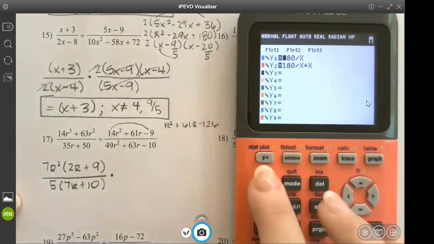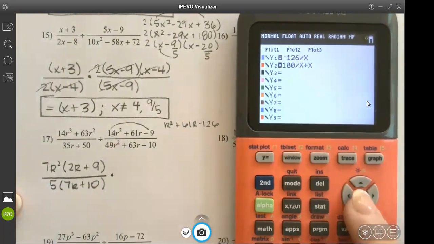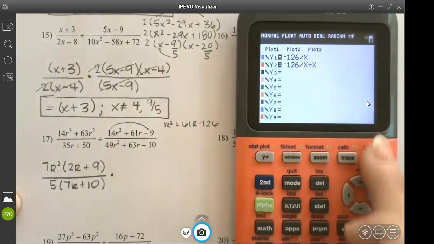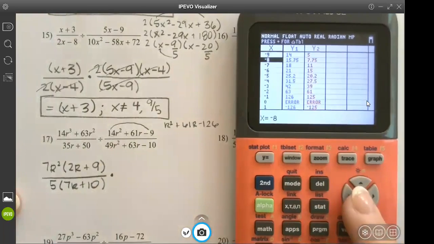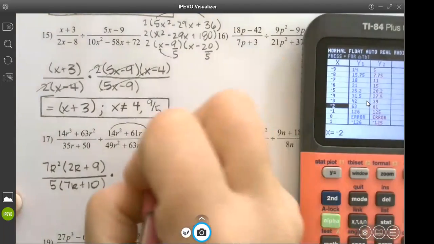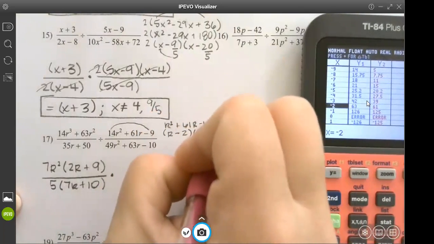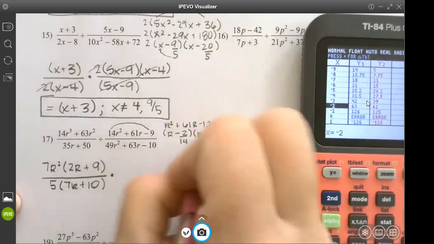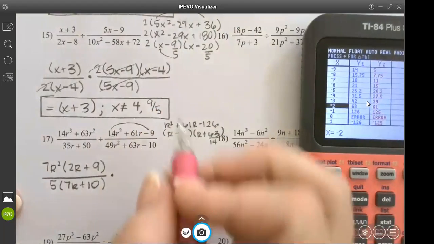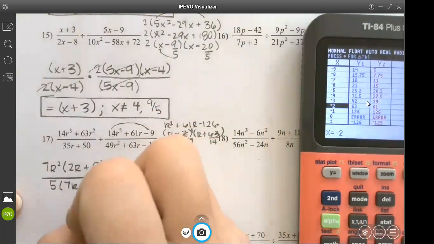I need factors of negative 126 that add to 61. They're right there. Negative 2 and 63. And then I have to divide by 14. 2 divided by 14 will change into 1 over 7, and that 7 goes to the top.